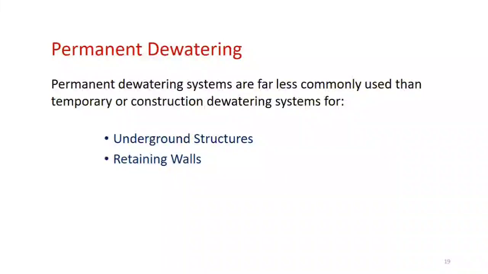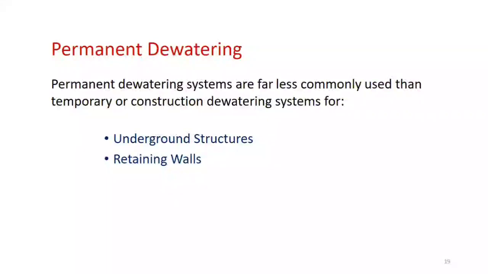In the case of retaining walls, you know that it's very important to keep the groundwater table below the foundation level. The reason is that if the soil being retained by the wall gets saturated, or if there is a groundwater table, the unit weight of the soil will be more. Saturated unit weight is more, and it's going to put more earth pressure on the wall.